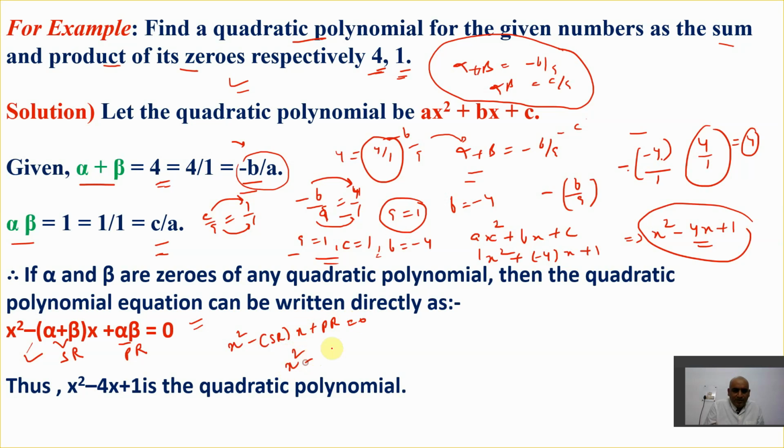So x square, the sum of roots is already given in the question, that is 4. So straightforward answer. And product of roots is 1. That is equal to 0. In this way, we'll form the equation.